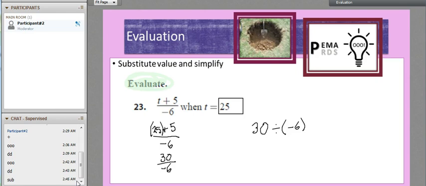It's 5. And then it keeps those same multiplication rules, the faces. Positive divided by a negative. Oh, I got punched in the face. That's negative. Okay, that's my final answer.